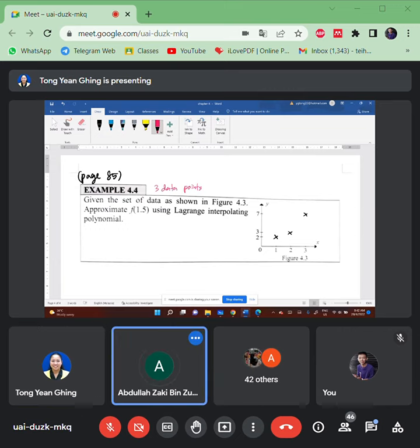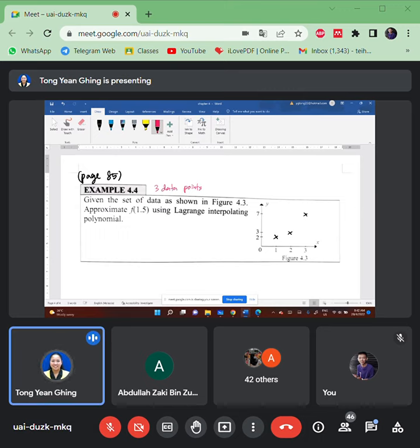Yes, correct. If we have 3 data points, then what is n for this interpolation polynomial? You have to remember that n plus 1 is equal to the number of data points.